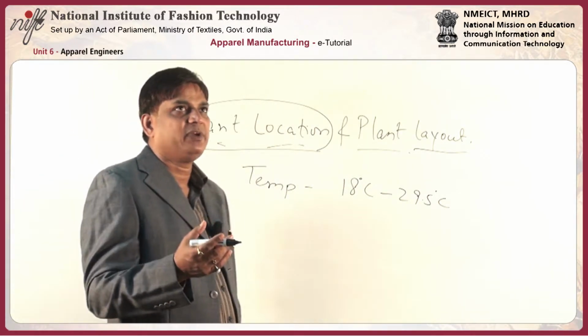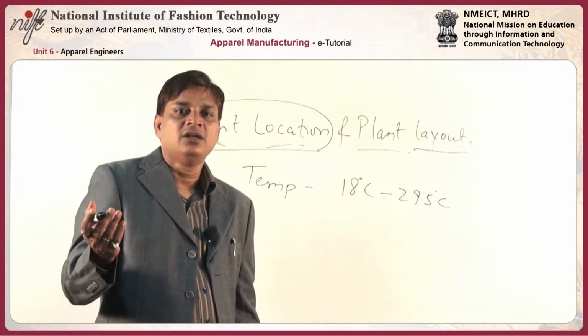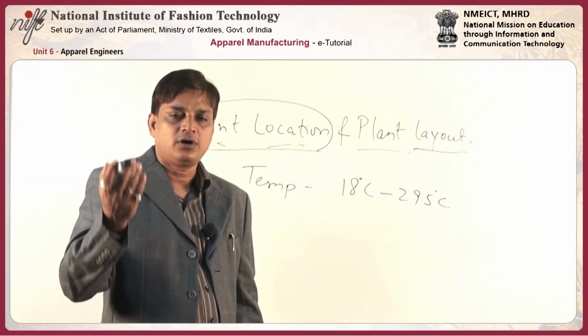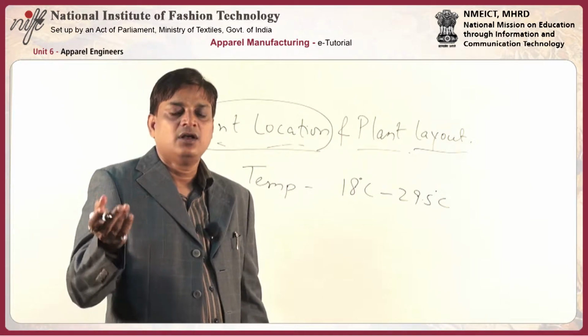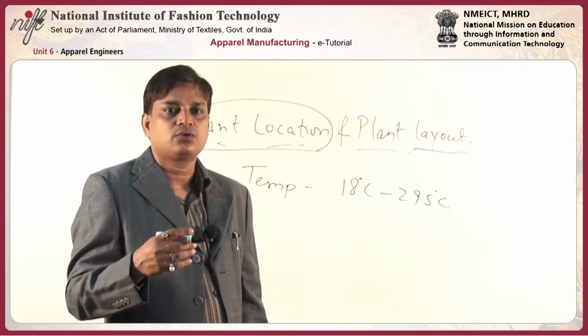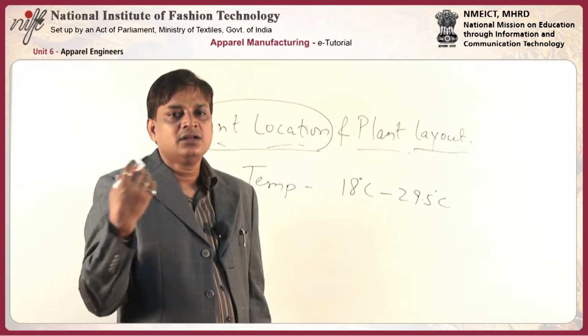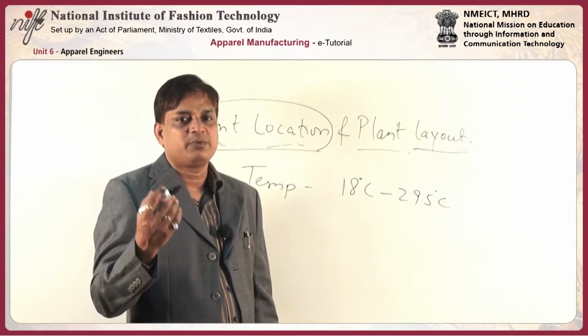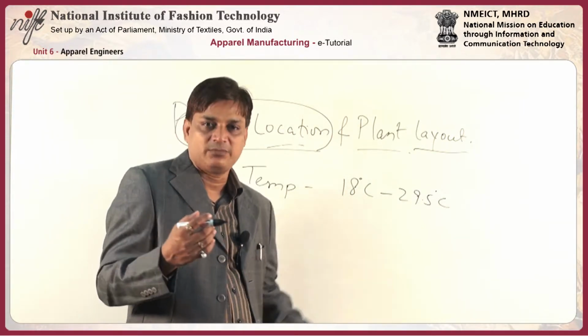How it has to be maintained, how many insulators have to be given, what windmill we are going to have, or the source of energy, or fan, or whether we are using a cooler, whatever way, the temperature inside should be kept between 18 and 29.5 degrees.